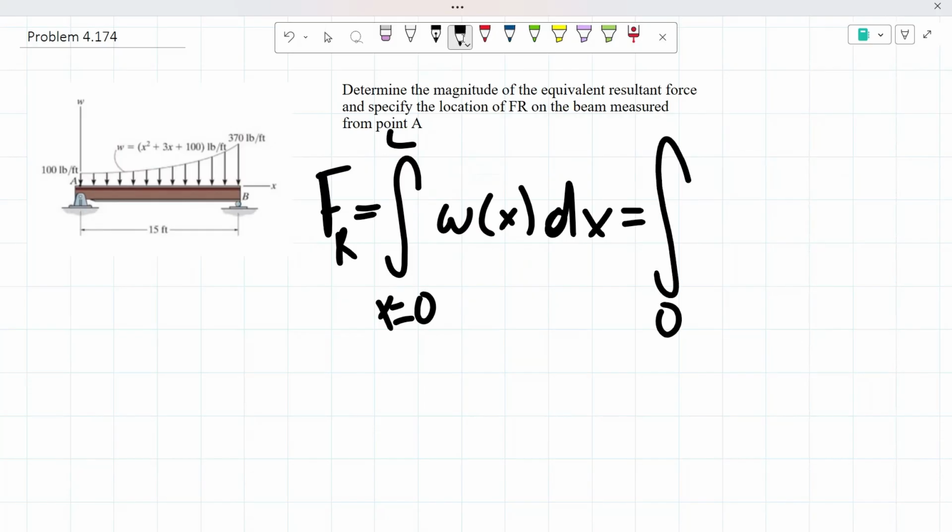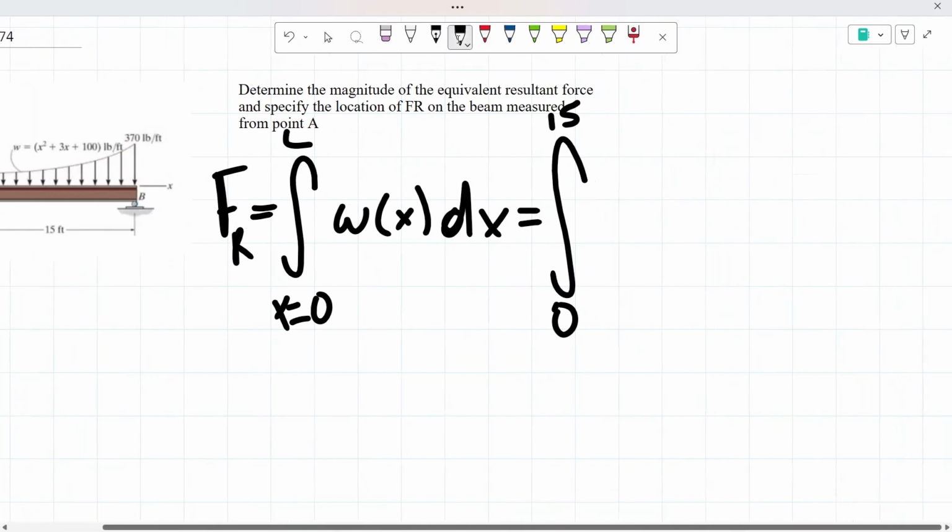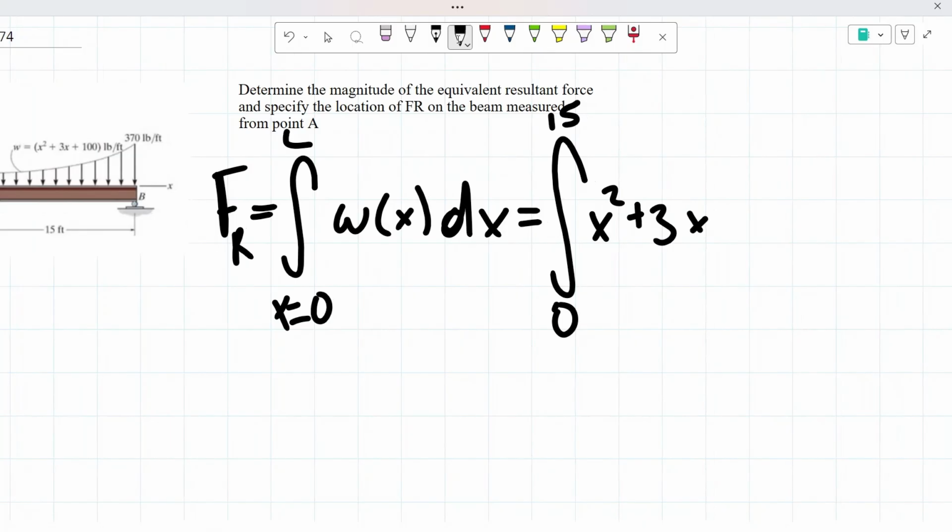So we know that the beam goes from 0 to 15 feet. From there, it's given to us that the weight can be expressed with this function. So we're going to write that down. And from there, we simply just have to simplify everything.